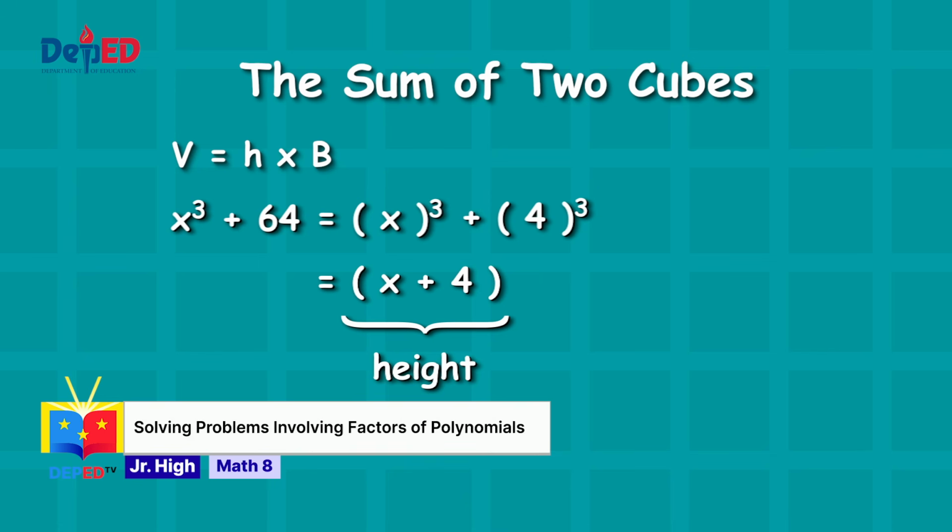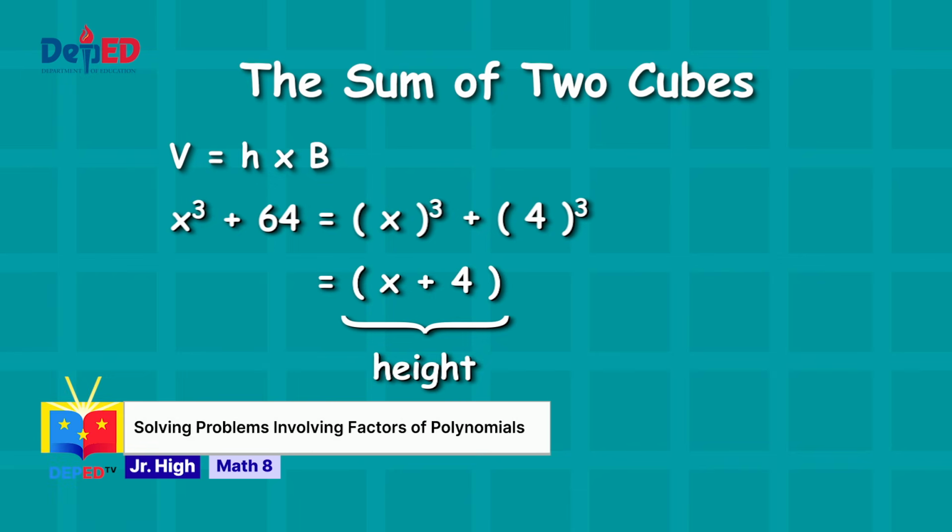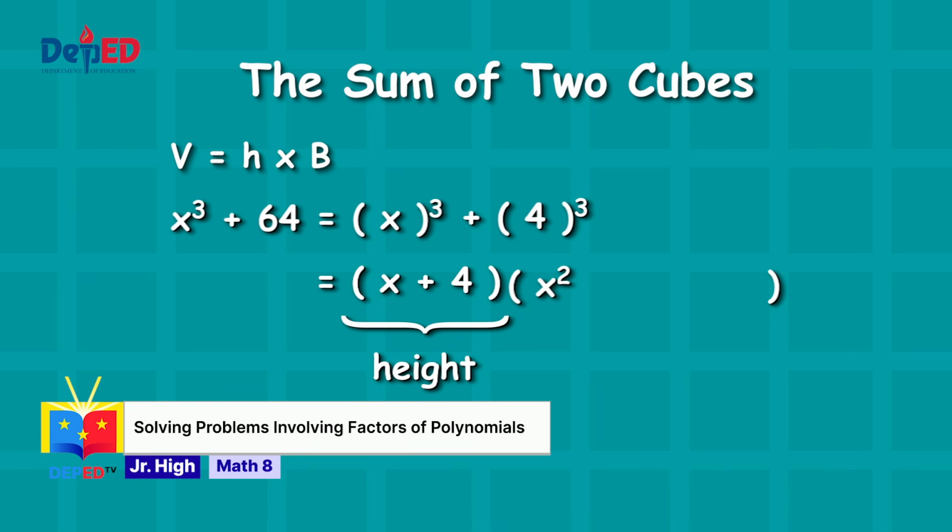Now, let us solve for the base area by finding the trinomial factor of this polynomial. We get the base area by squaring the first term of the binomial, x squared. Next, what operation should be here? Addition or subtraction? The first operation in the trinomial factor must be opposite of the binomial. So given that the binomial factor shows a plus sign, this must be a minus sign.